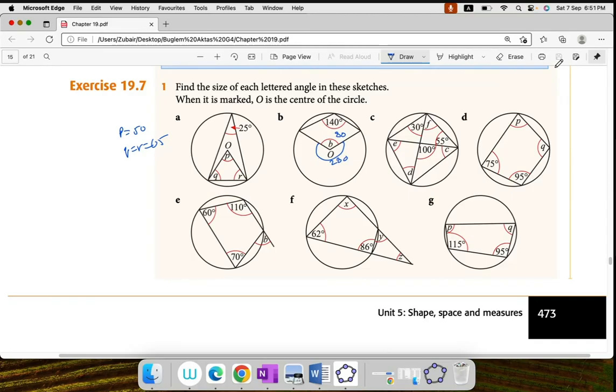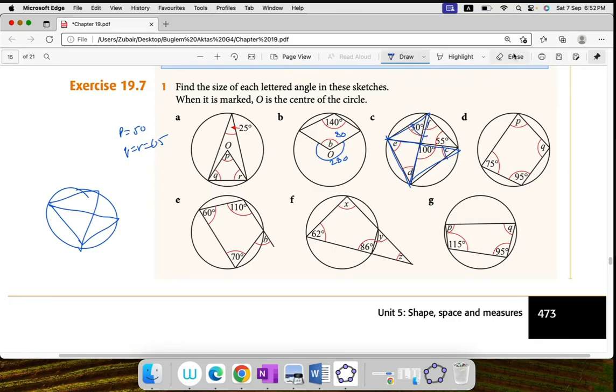C is 30. See this line? I'm going to use this chord and this property, angle in same segment. You see this 30 and then see this C. Again the chord, 30, and C. So this C is equal to 30.